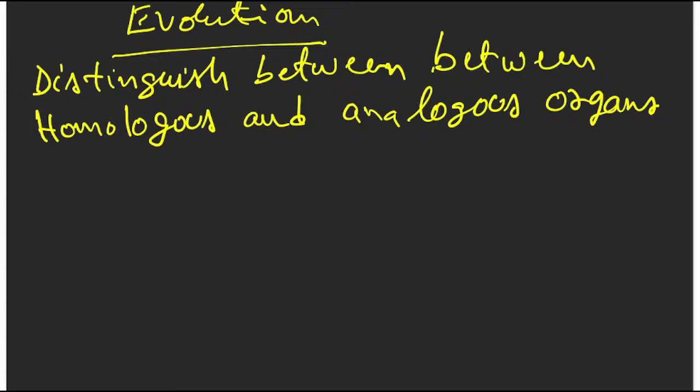This is one of the important questions. Every time it is asked in the final exam in evolution. First, we can take the homologous organs.